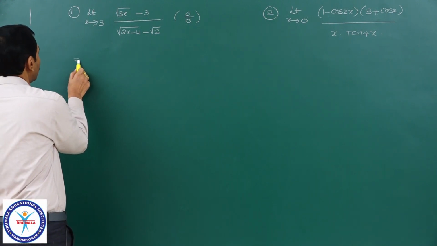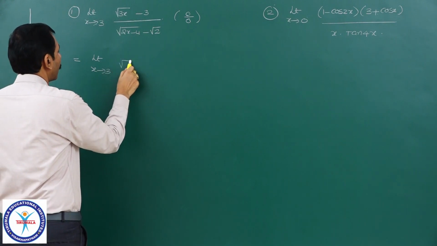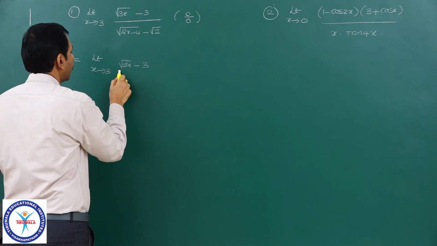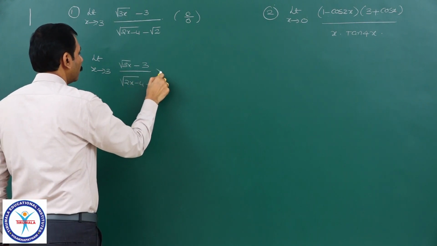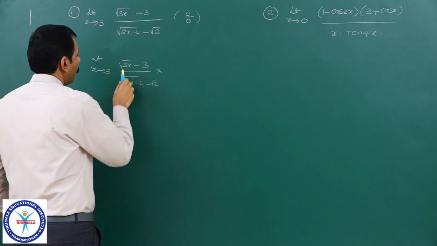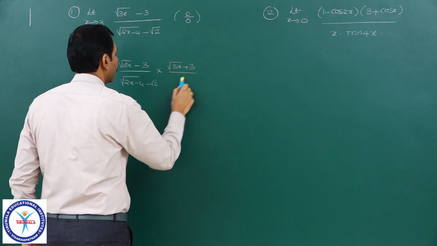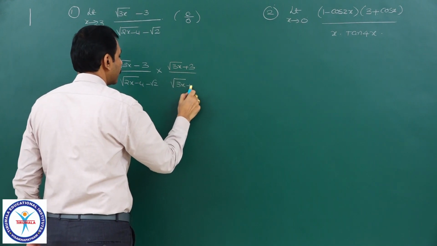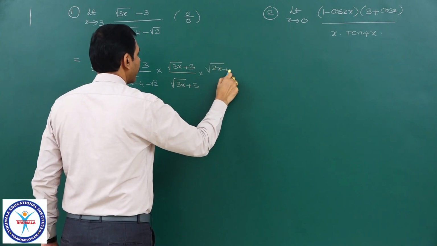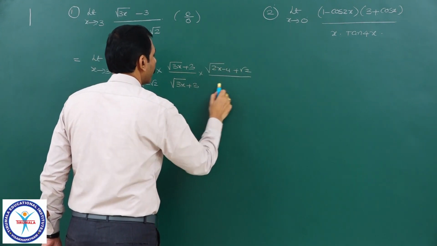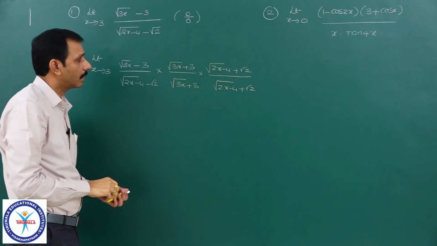It is equal to limit x tends to 3 of root 3x minus 3 by root 2x minus 4 minus root 2, into root 3x plus 3 by root 3x plus 3, and also into root of 2x minus 4 plus root 2 by root of 2x minus 4 plus root 2. Observe this now.